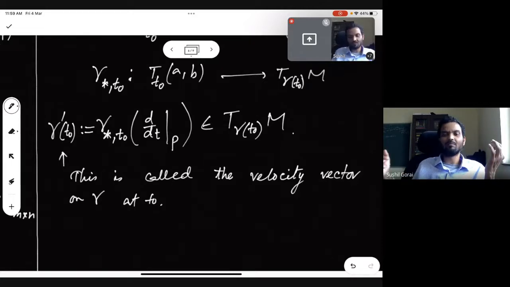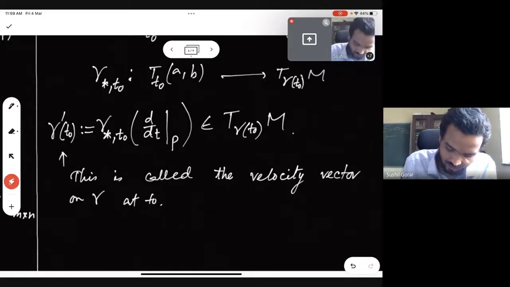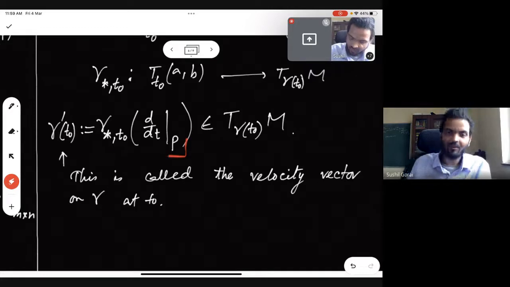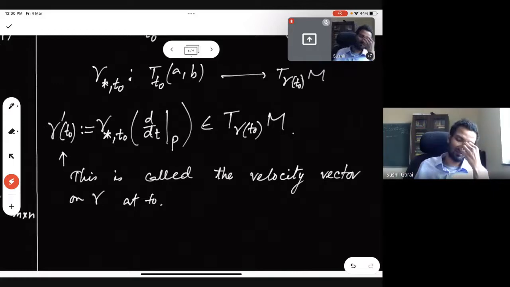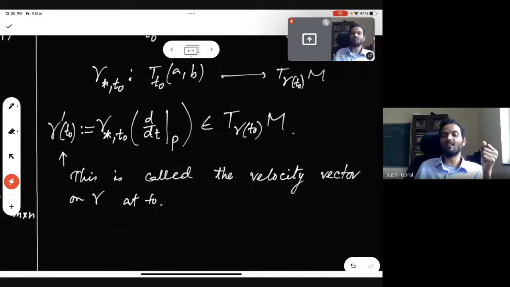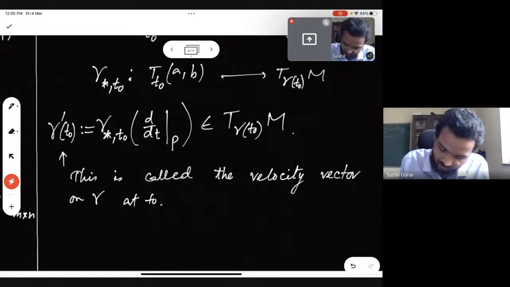Then you can get the expression in local coordinates of M. I would request you to find it: take M to be Rn and calculate what it is. You will get the known thing. We give an exercise also.